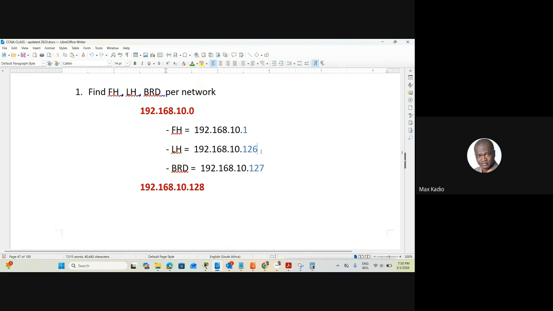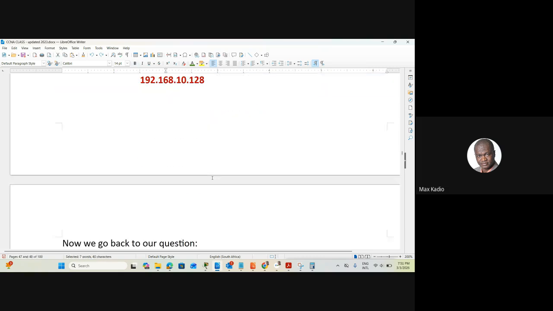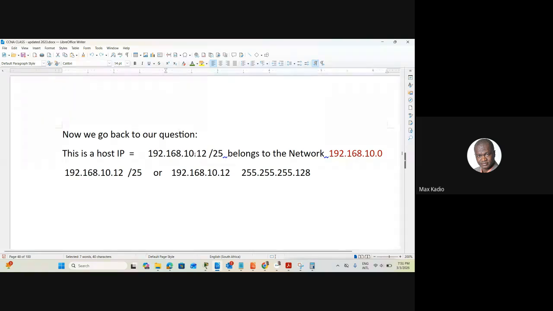Now, if I'm in this smaller room, in this network, the range of IP addresses should be 10.1 until 10.126. I can assign all this range to any PCs in this small network or this office. Now, from our question here, we see 192.168.10.12.